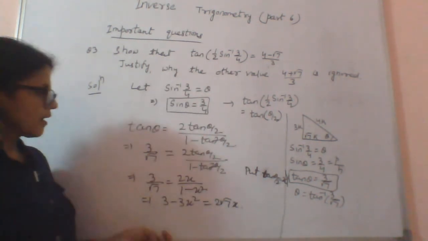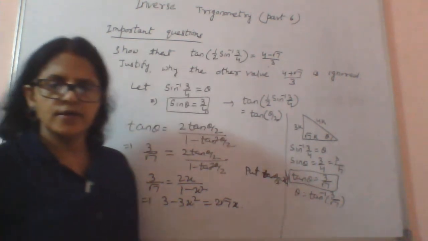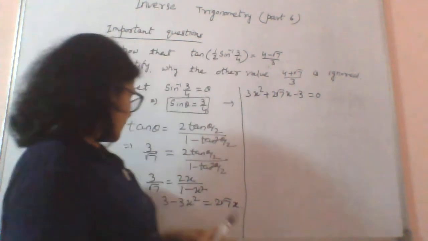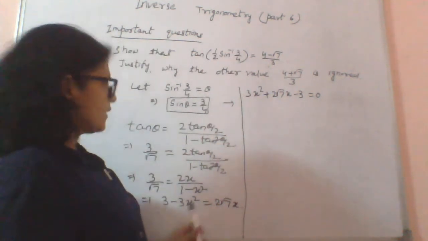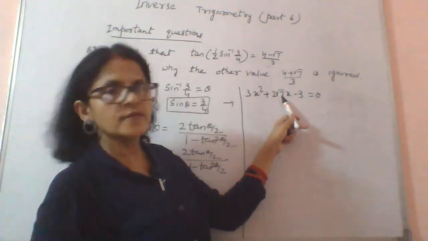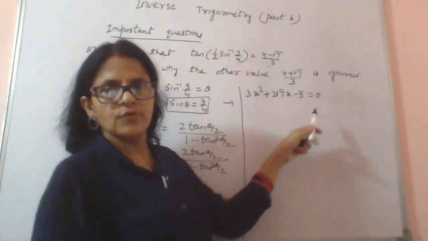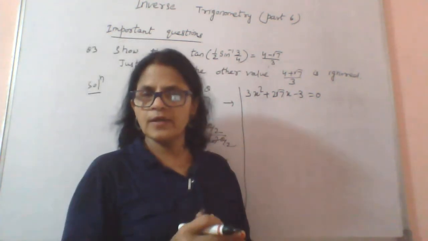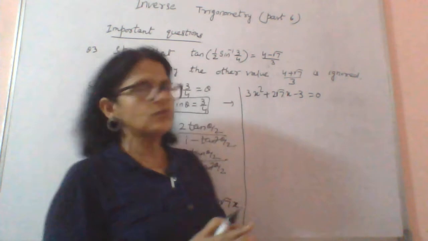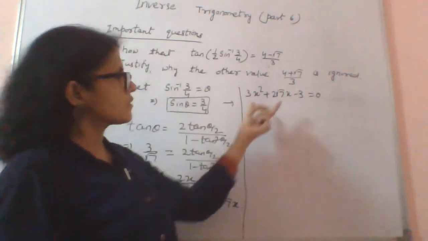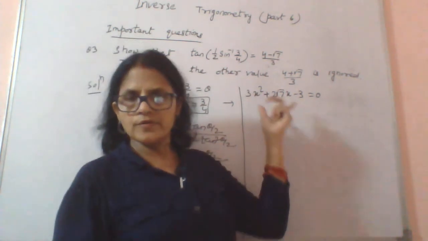Okay, so it means we are getting a quadratic equation here, that is 3x square plus 2 root 7x minus 3 equal to 0, right? So we have to find x, and as we know we have taken x equal to tan theta by 2 and we actually need tan theta by 2, right? So once we get x, our job is over.